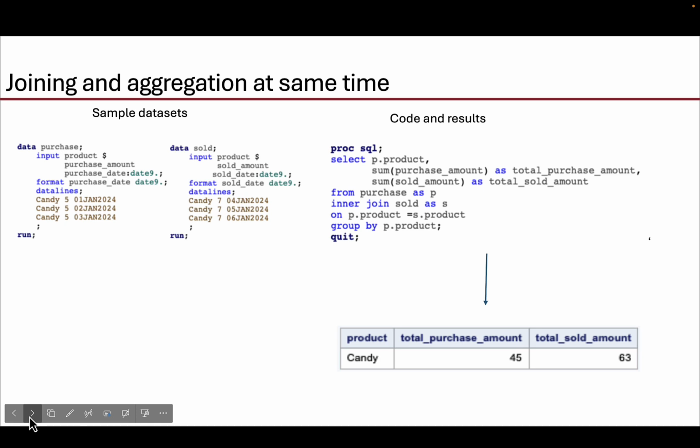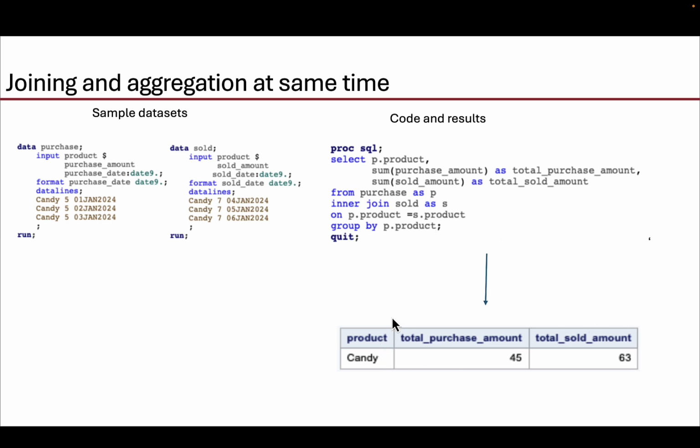To do that, we can join this purchase table and sold table as I'm showing you here, wherein I'm doing an inner join between the purchase and sold data sets on the basis of product. And also we are doing an aggregation for purchase_amount and sold_amount by product. And this gives the result shown here.